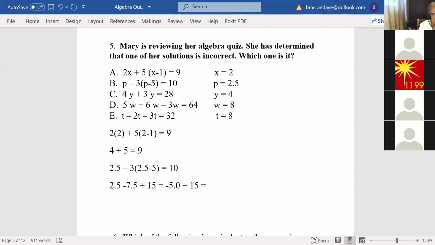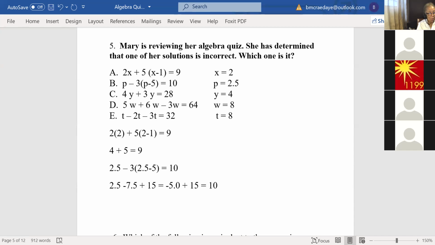What's a plus 15 and a minus 5? You subtract. 15 minus 5 is 10. And it's plus because the 15 is a bigger number. So B is correct. That's equal to 10, right?